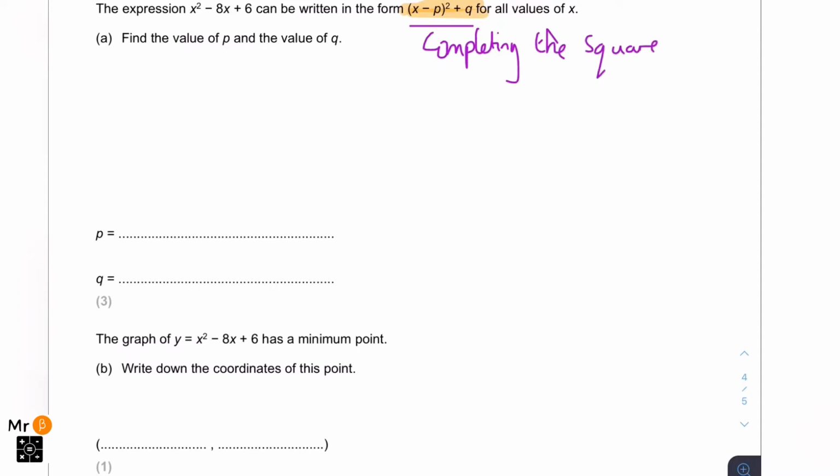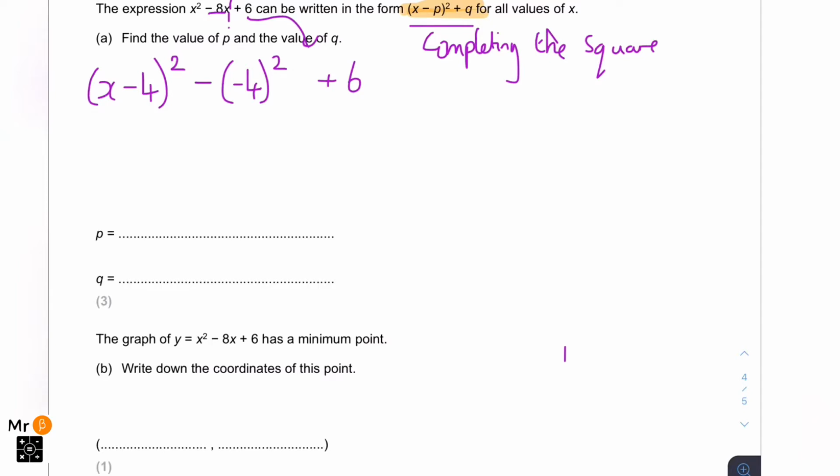In order to complete the square, we follow a very simple method. We need to halve the coefficient in front of the x, so it becomes x minus 4, and then we square it. Then you need to subtract whatever number that is squared, and then we drag down whatever term we had at the end, which was this plus 6 in this case.